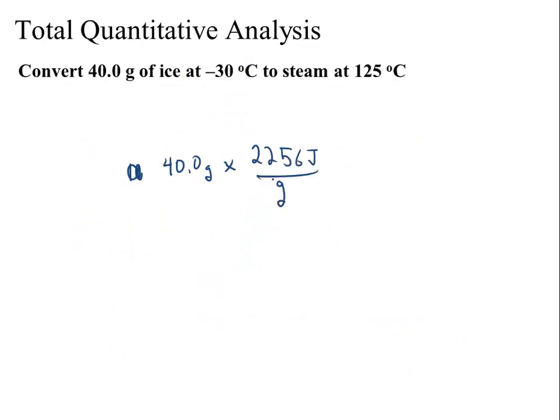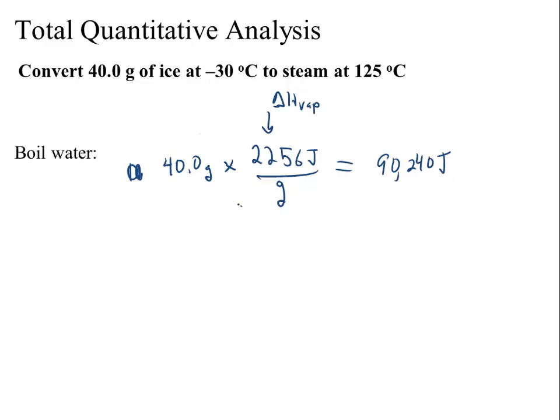That's the delta H of vaporization, the amount of energy it takes to boil the water. So that's 40 times 2,256, which is 90,240 joules. That's a lot of joules. Most of the energy is right there.